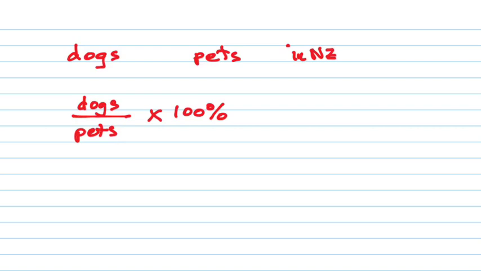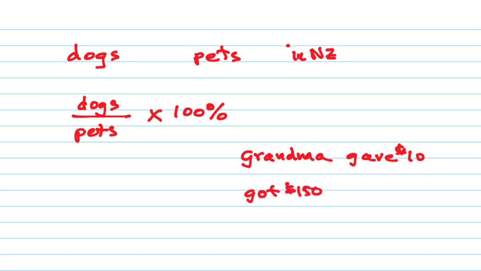Now, let's say that your grandma gave you $10 for your birthday, but you got $150 total for your birthday. Which one's the part and which one's the whole?